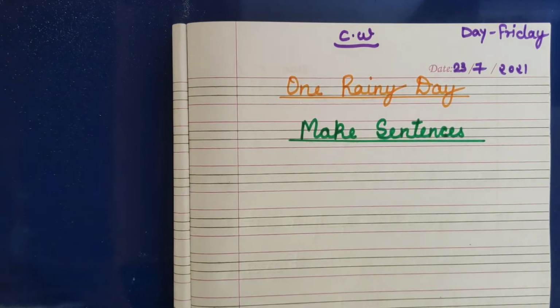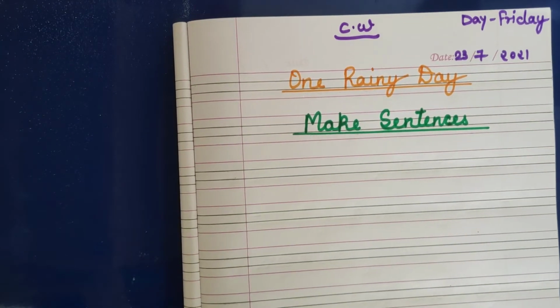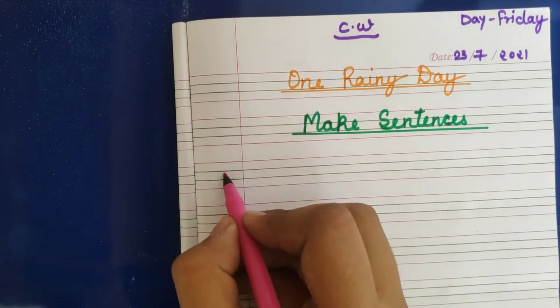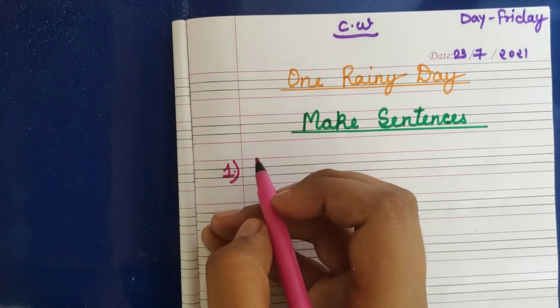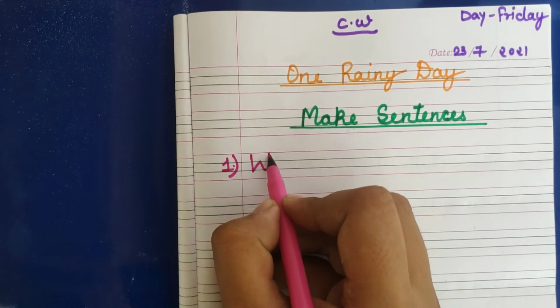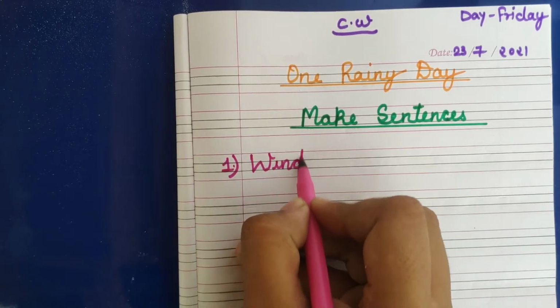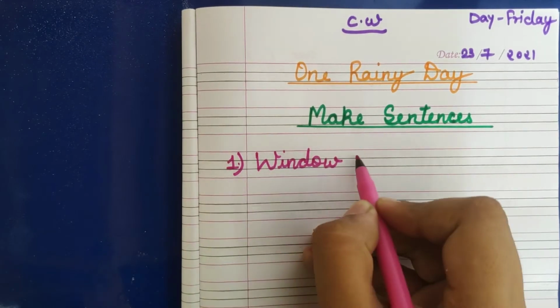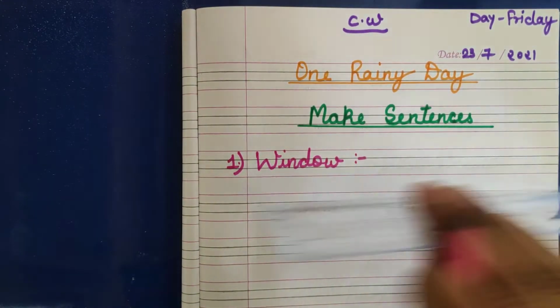Now write down the first sentence. Now write down number one, which is window. Window. Underline this.